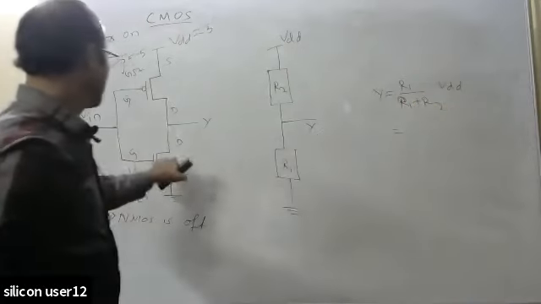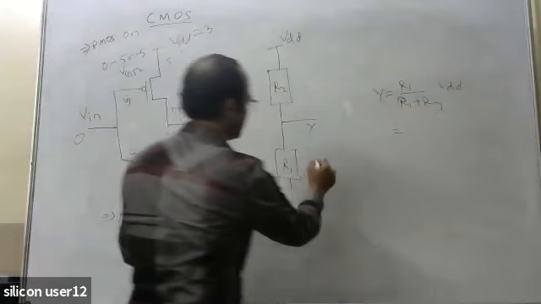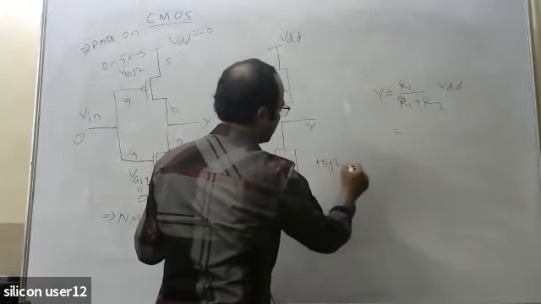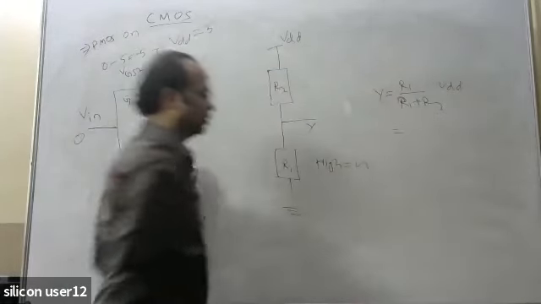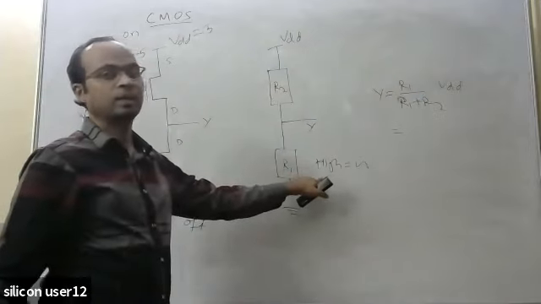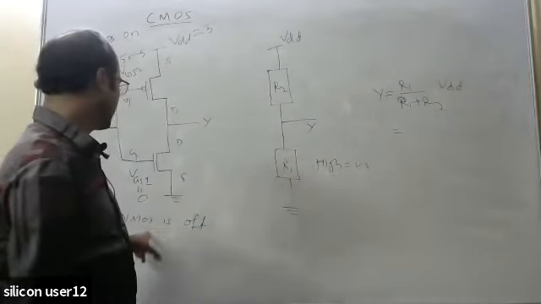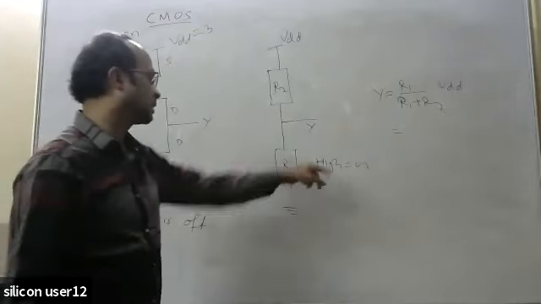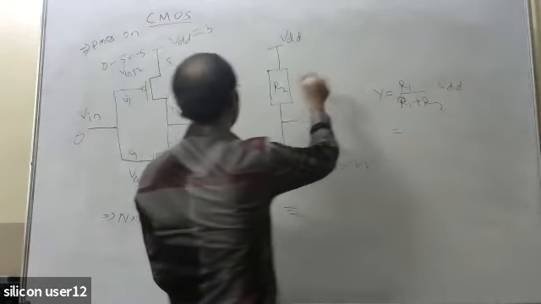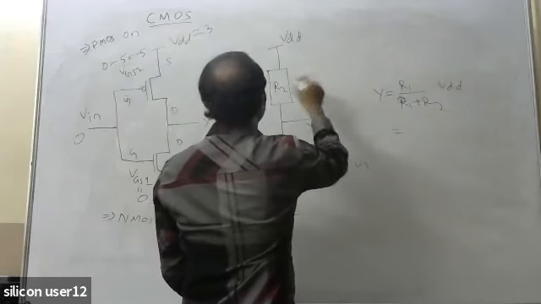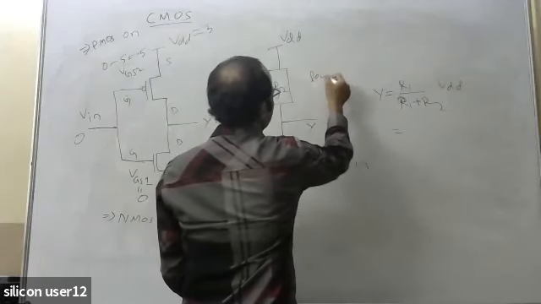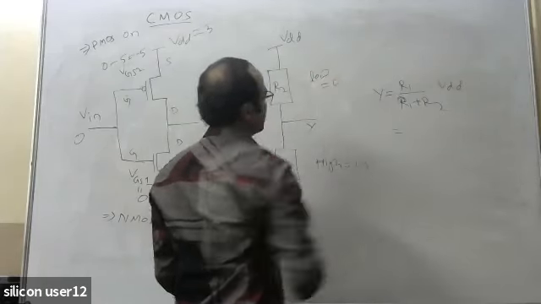NMOS is off, which means its resistance is high or infinite. I had written it wrongly. So NMOS off means its resistance is high, infinite, and PMOS on means its resistance is low, let's say equal to 0.